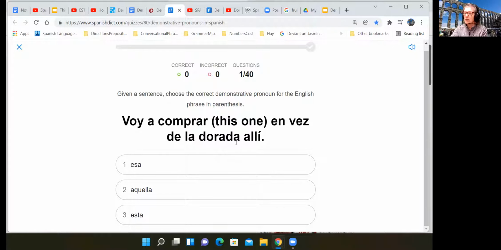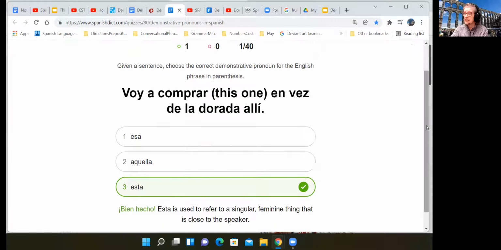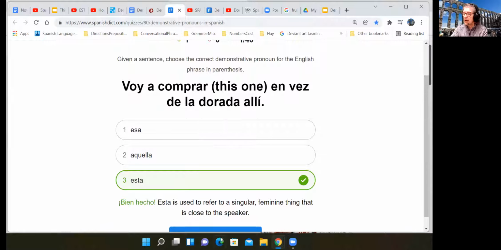La dorada means the gold one. You don't know that word, but voy a comprar this one. Esta. This one has T's. So even though they don't even name the noun, this one can't be esa, because esa means that one, right? Aquella means that one over there.